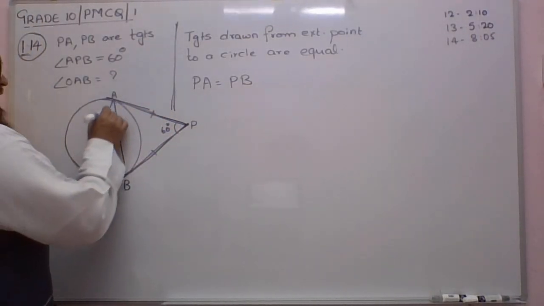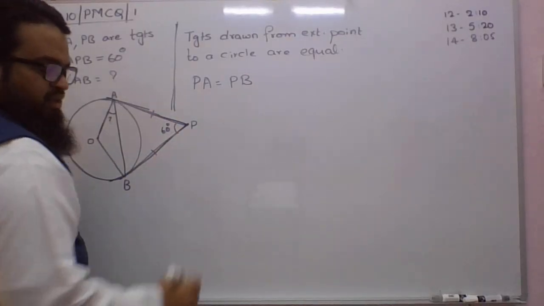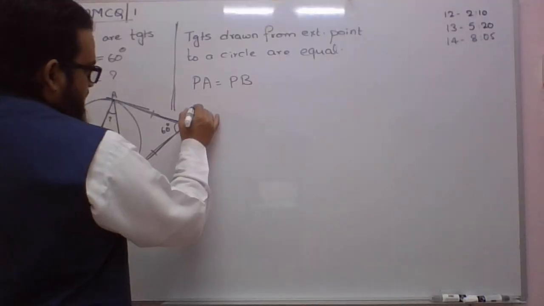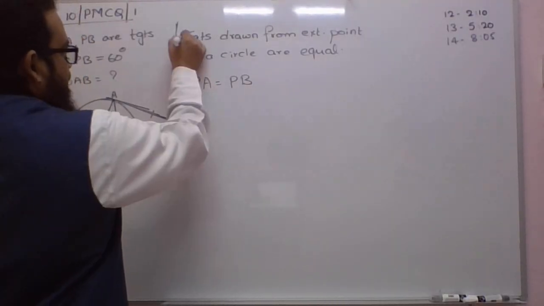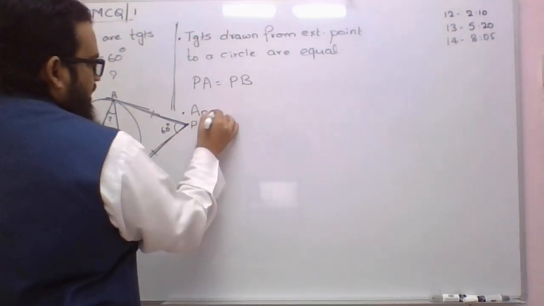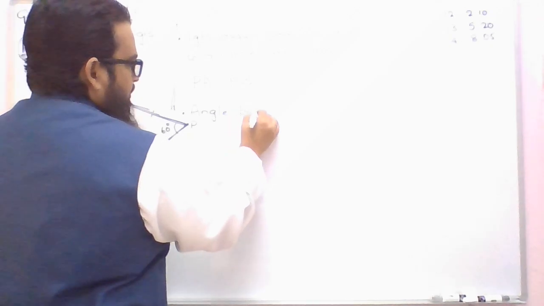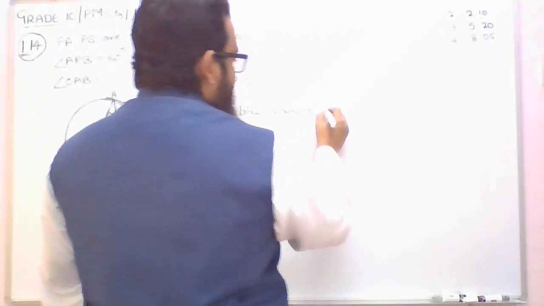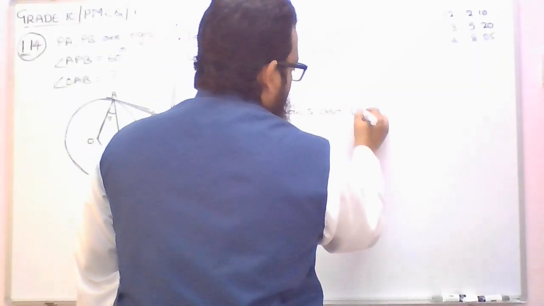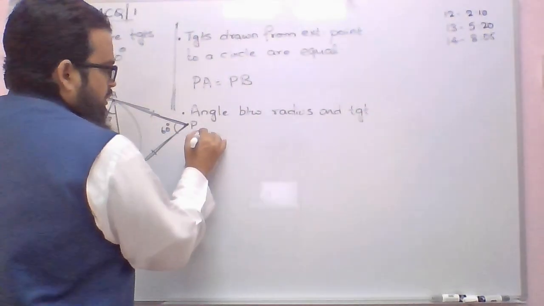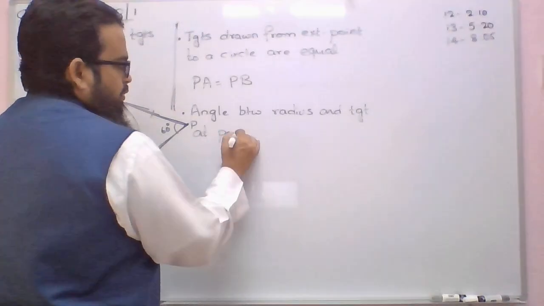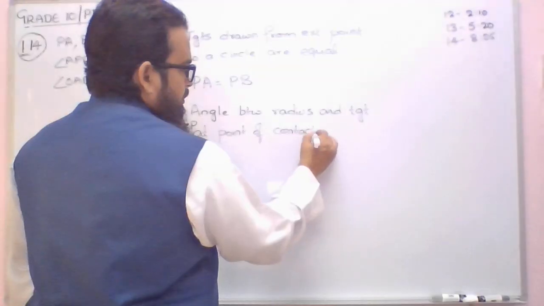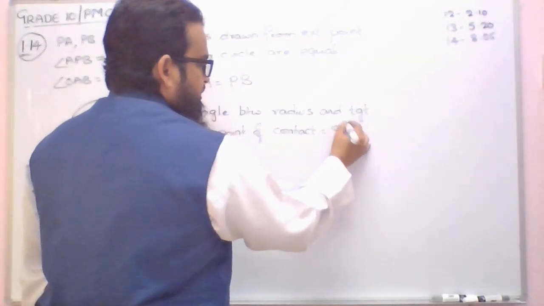The angle between radius and tangent at the point of contact is equal to 90 degrees.